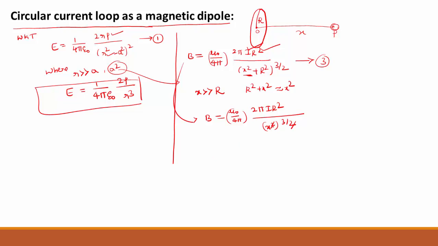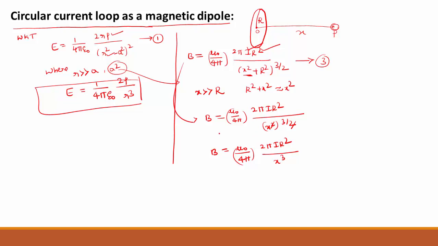Here the 2 gets cancelled and we get only x cube. That is, B is equal to mu naught divided by 4 pi, 2 pi I R square divided by x cube.